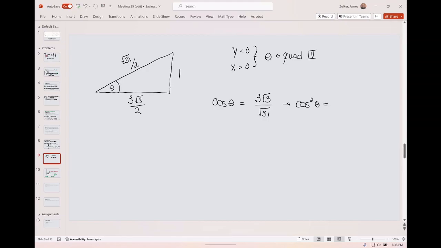Square it. Get 27 over 31. That is cosine squared of theta when t is 2 pi over 3.